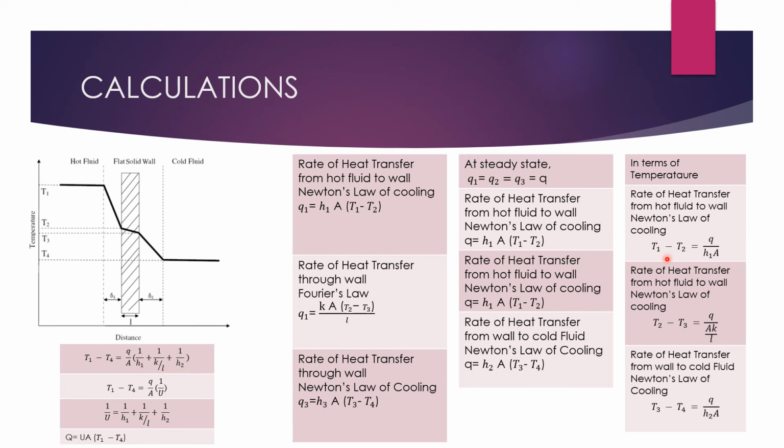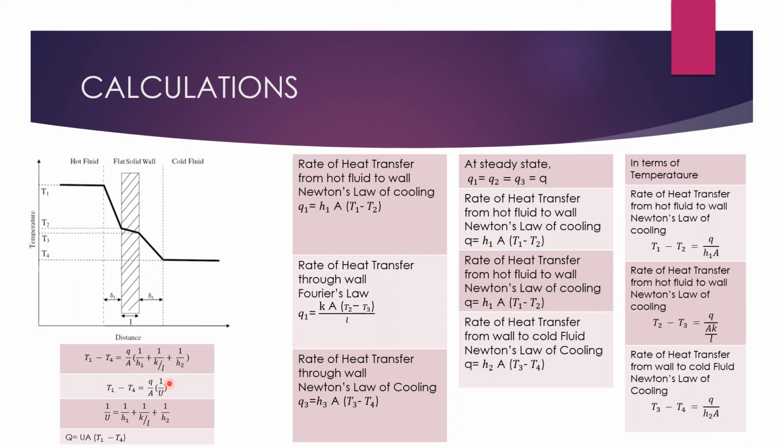So we get this equation in terms of temperatures, and then we take out the common term, that is Q by A, in all three equations and write it outside the bracket, and the other terms inside the bracket. So here we will get this equation as you can see here.